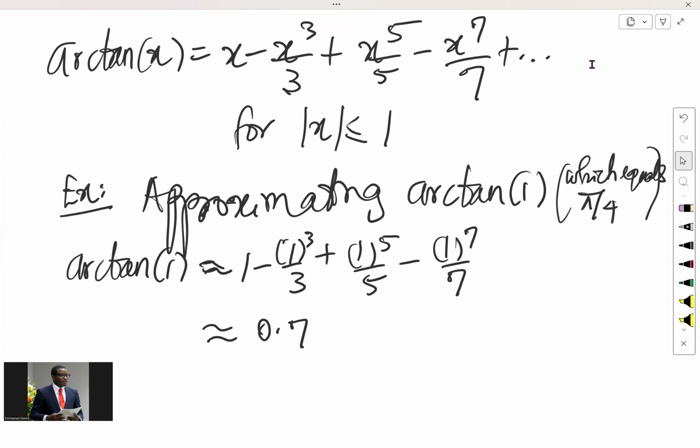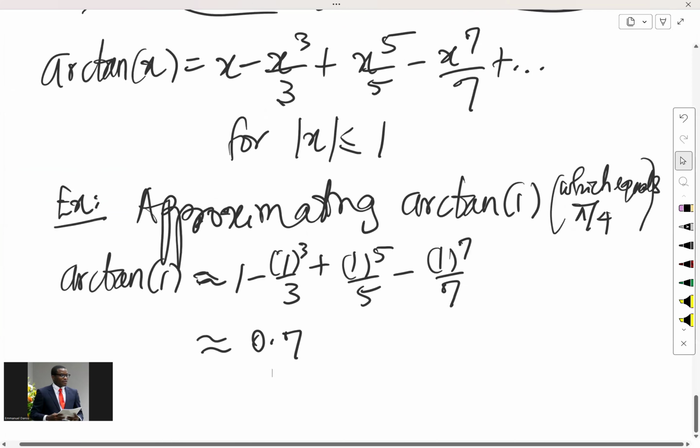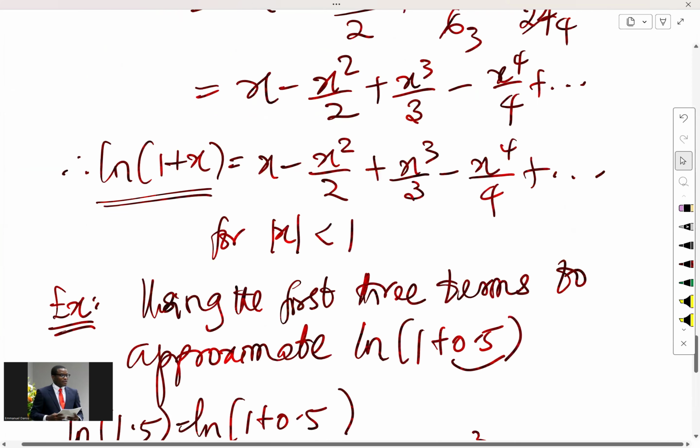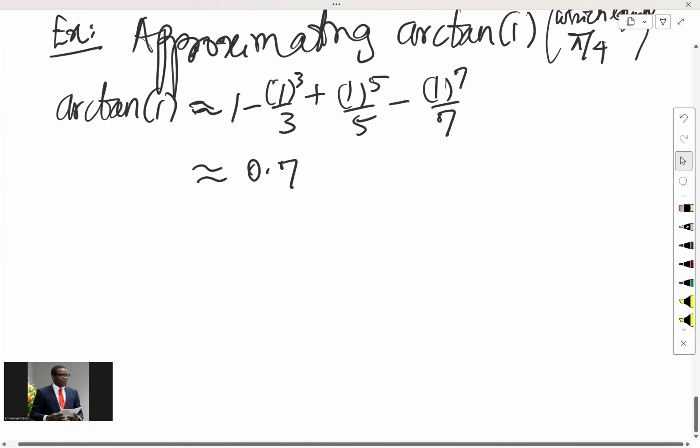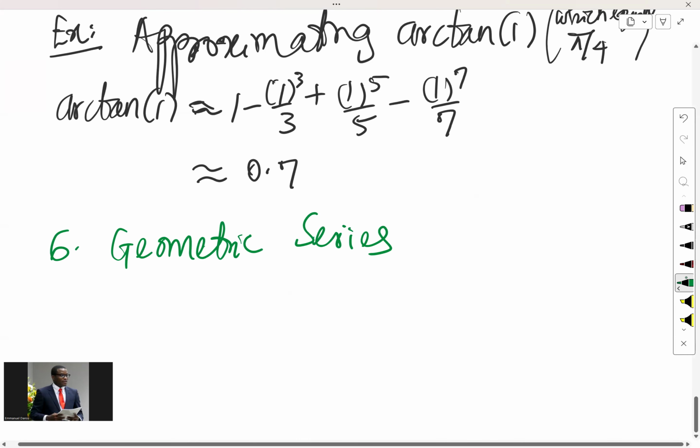So can we talk about the geometric series? I think I made mention of this previously. So let's talk about the geometric series. That's number 6 now. Geometric series. So for geometric series, that's like 1 over 1 minus x.